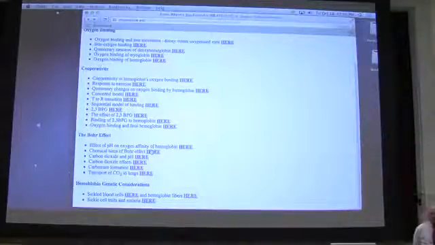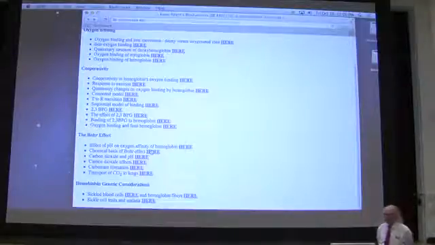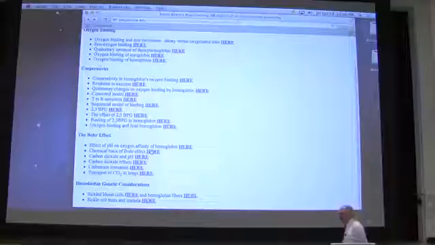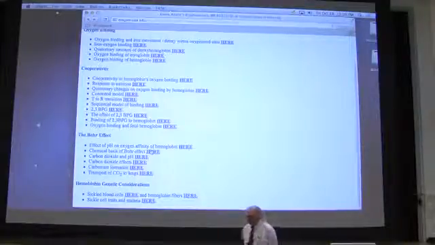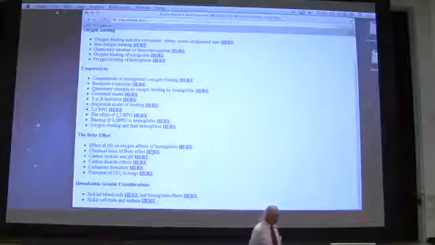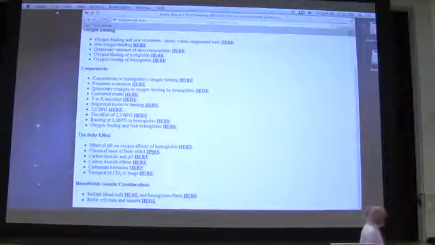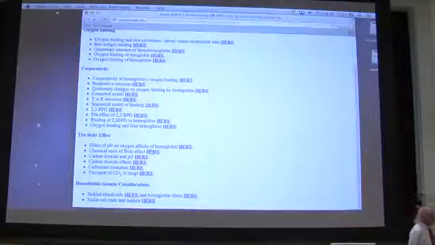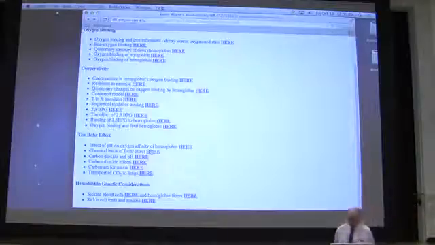I want to emphasize that hemoglobin is not an enzyme. Enzymes catalyze reactions, and there's no reaction being catalyzed by hemoglobin. Its sole function is carrying oxygen and dropping it off where it's needed. So it's not catalyzing a reaction, but in some ways the structural considerations we have for hemoglobin carry over into enzymes, and we'll see how that happens very shortly.